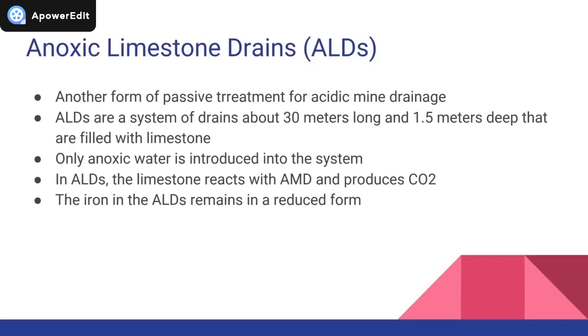When they are in here, the limestone reacts to the AMD and produces CO2. When CO2 is produced in the system, it is unable to escape, which then increases the overall alkalinity.